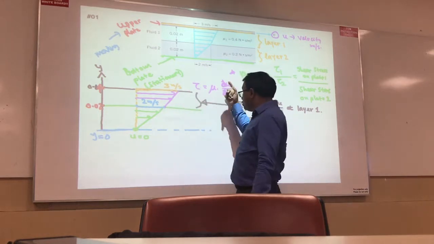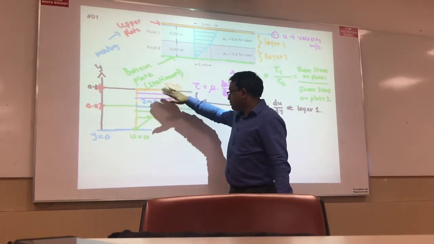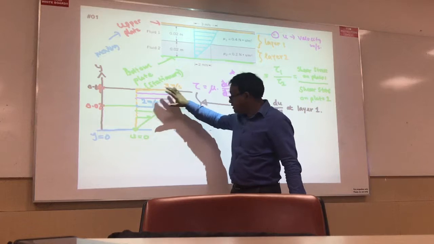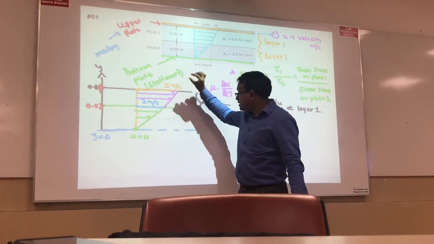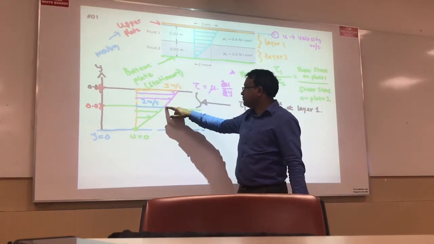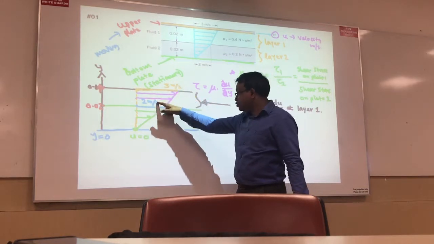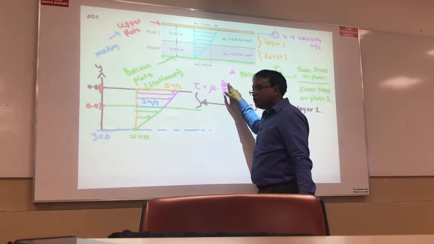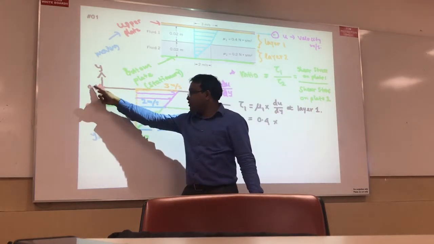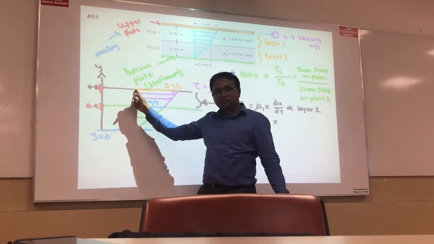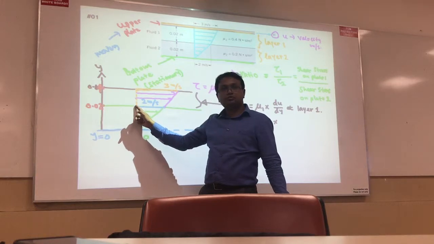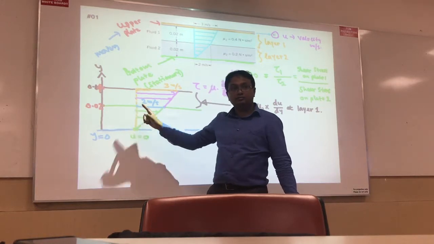So I can write du becomes 3 minus 2, right? Correct. In this layer, the upper velocity is 3 meters per second and the lowest velocity is 2 meters per second. Right? I can write 3 minus 2 is du. What is dy? 0.04 from here, and here is 0.02. This is dy.